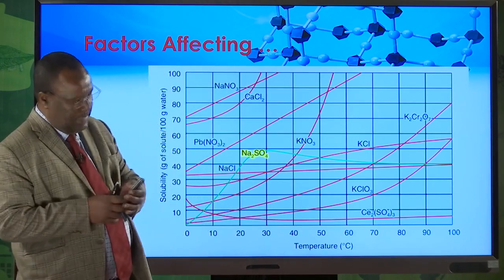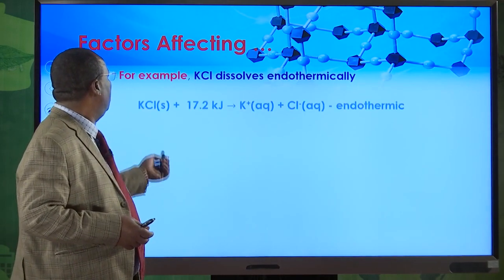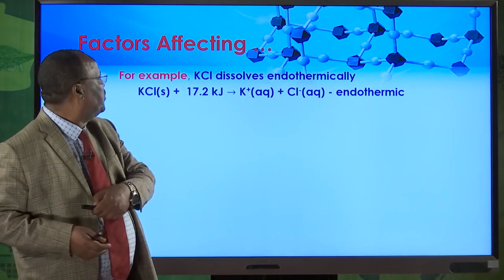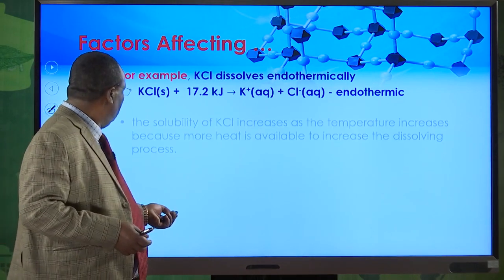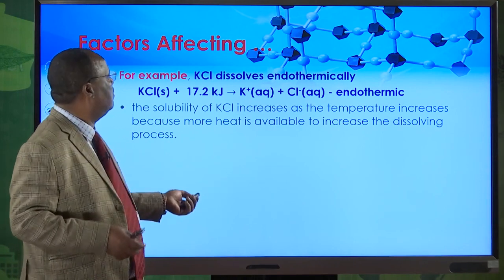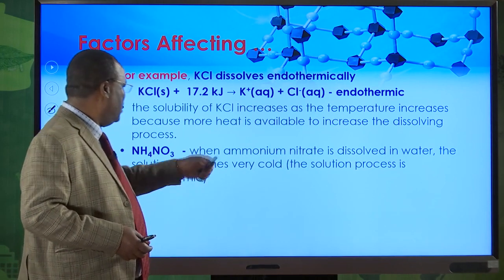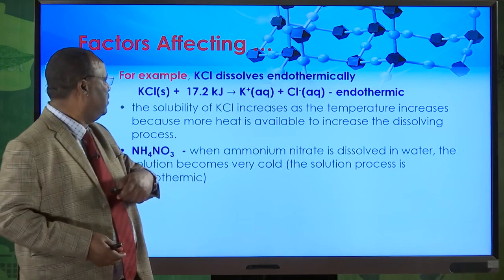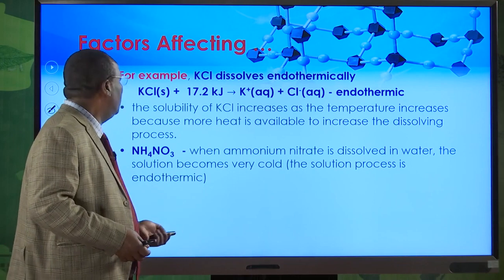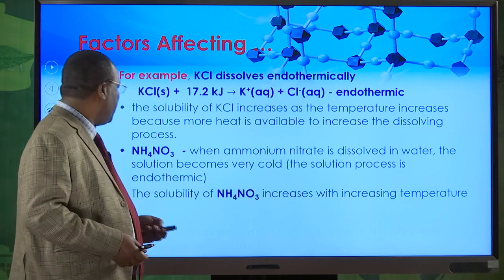What happened? Let us see the case. For example, potassium chloride dissolves endothermically. The solubility of potassium chloride increases as temperature increases because more heat is available. Ammonium nitrate dissolved in water makes the solution very cold. The dissolving process is endothermic in this case too, so solubility increases with increasing temperature.